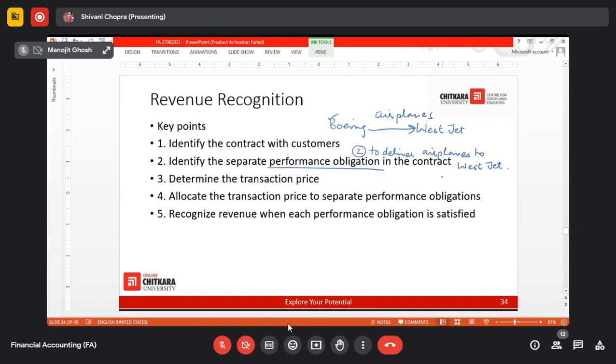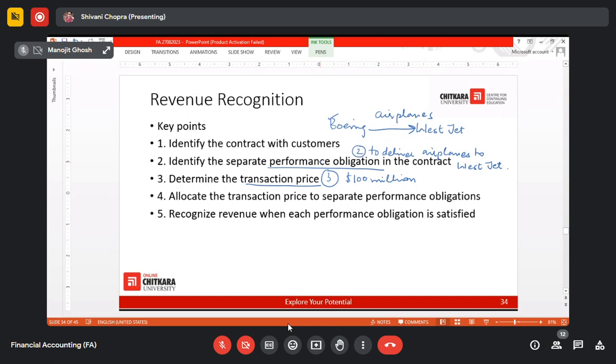Okay, now this is the promise that it has made. Once it delivers to the WestJet, the contract will be over. But the third point that requires it, what is the transaction price? Now Boeing has said it will be delivering for 100 million. Now this is the transaction price that has been defined in the contract.